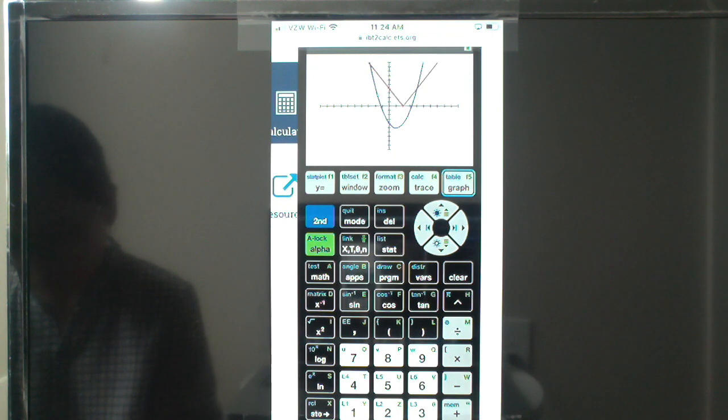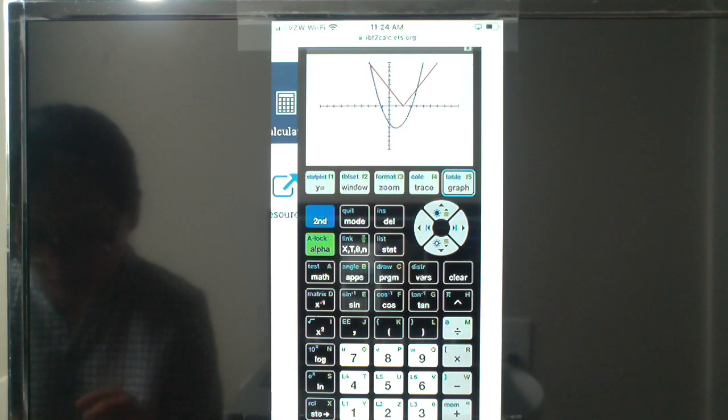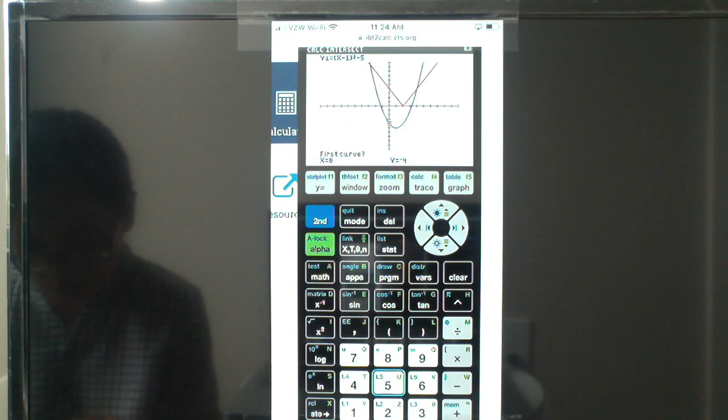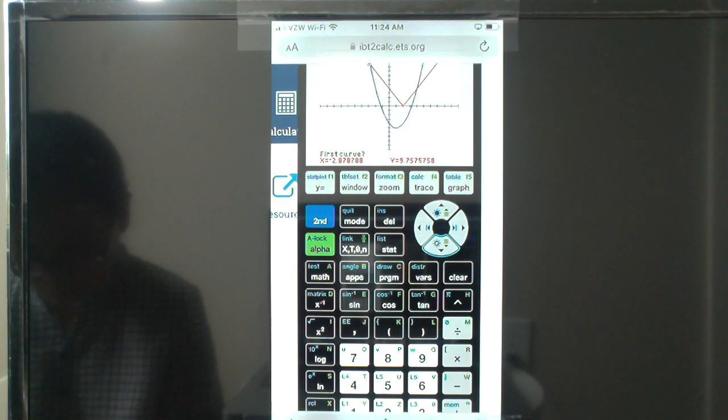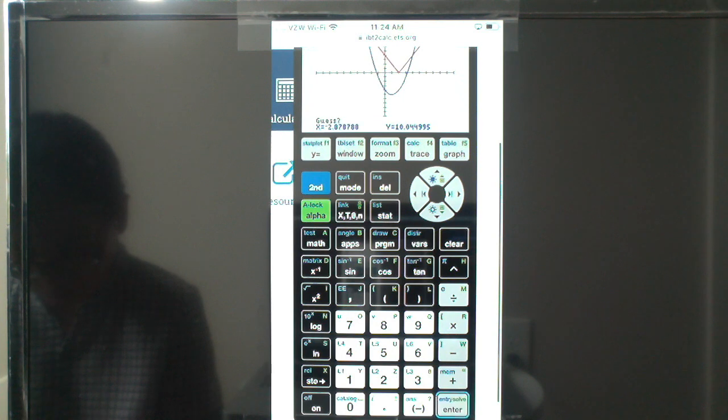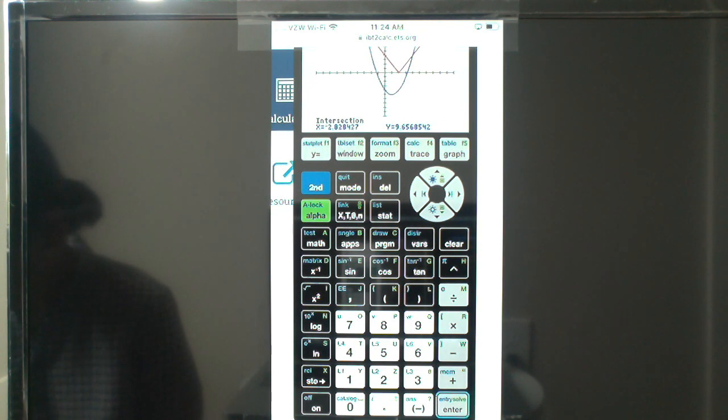Graph. Okay, it meets at two different points. So first I will go second calculate intersect. I will go close to the point, enter, enter, enter. So first point is negative 2.82, 8427.